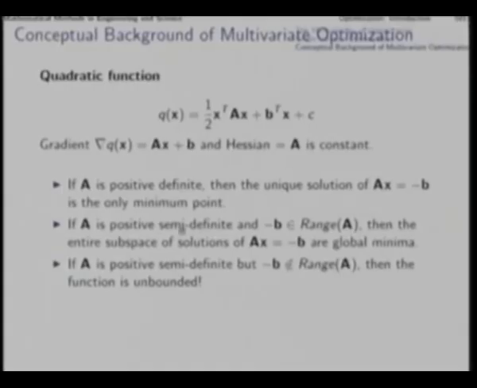If A is positive semi definite, then it is singular as well, and in the case of singularity, this system of equations, gradient equal to 0, may be consistent or may not be.